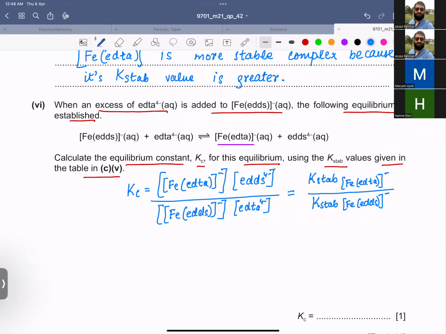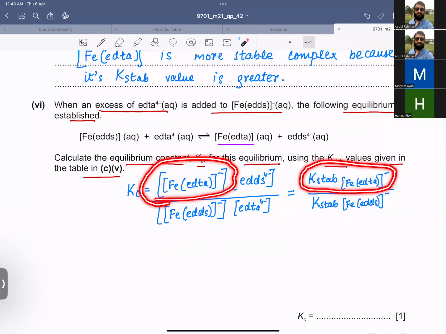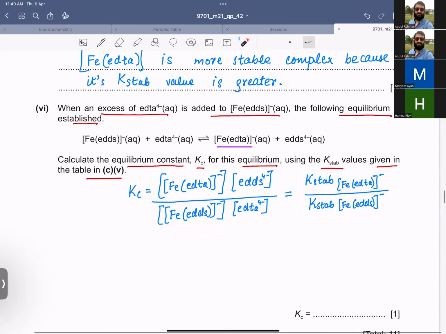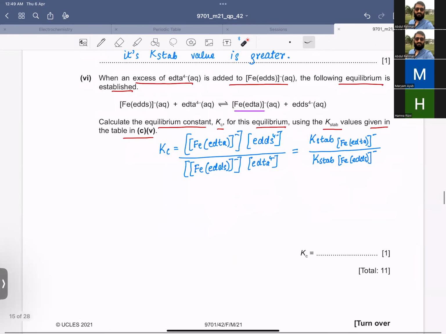If anyone has any confusion, kindly ask. As this complex is in the numerator, that's why I keep the k-step of that same complex in the numerator. And as this complex is in the denominator, I keep its k-step in the denominator. Is this clear or not?